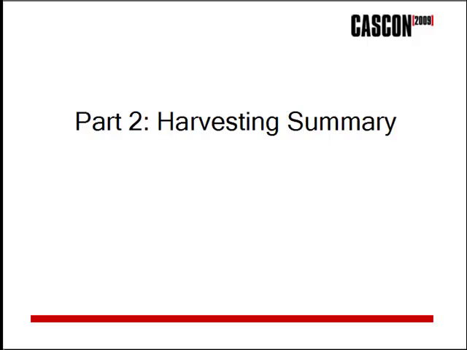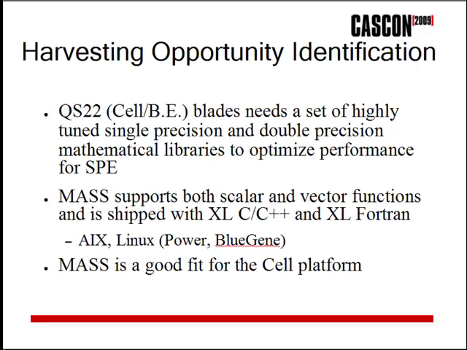Let's move on to the harvesting stage. The QS22 blades need a set of highly tuned single precision and double precision mathematical libraries to optimize the performance for the SPE components of the Cell Broadband architecture.